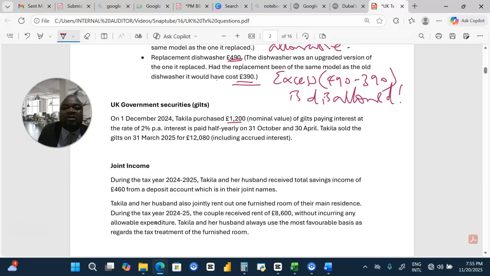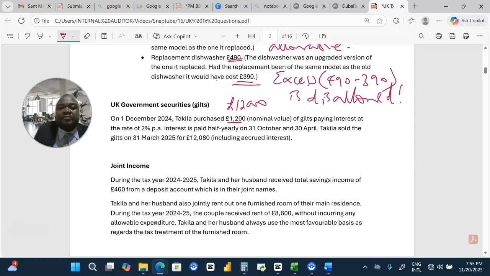Usually they will be almost the same. The premium is not that much. So this should be £12,000 nominal, not 1,200.